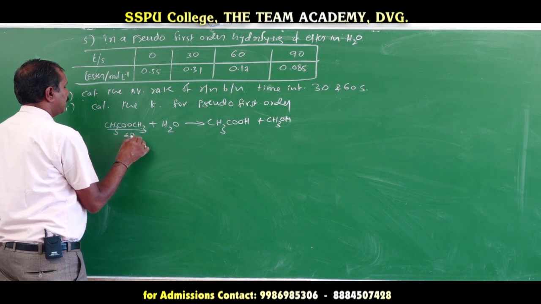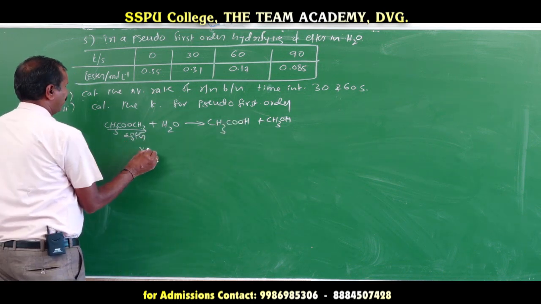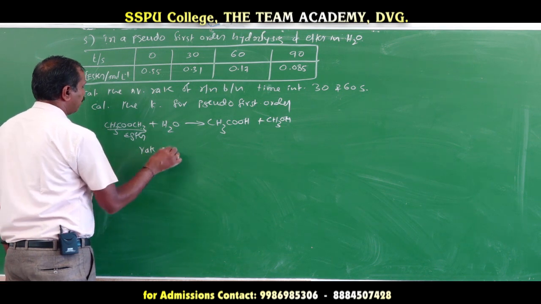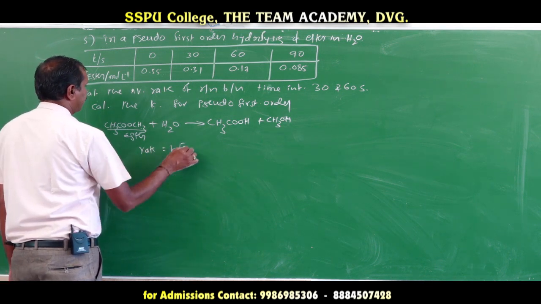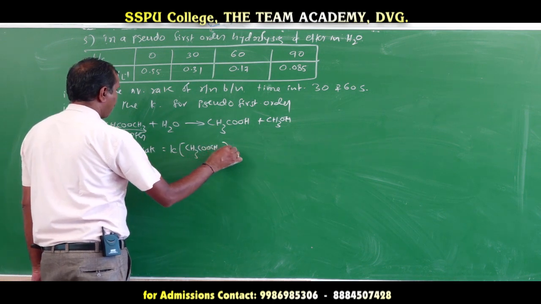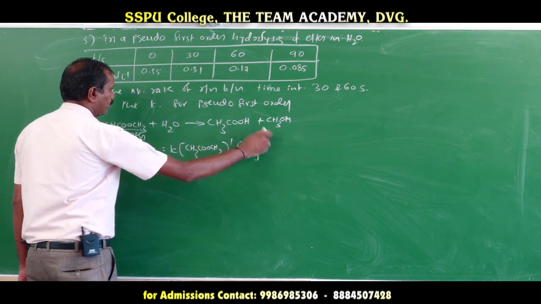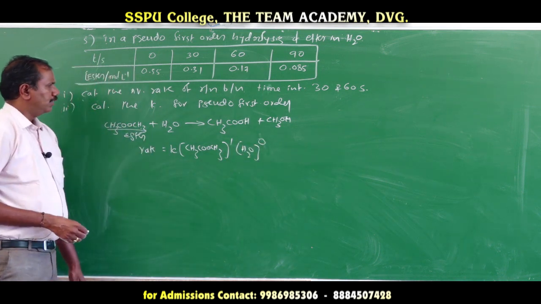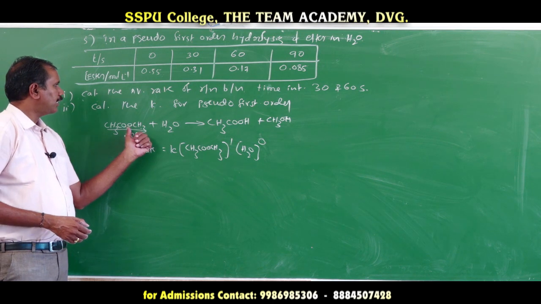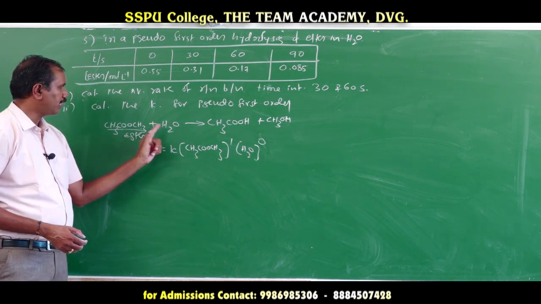That is, the ester subjected to hydrolysis gives acetic acid and methyl alcohol. The average rate is calculated by K into CH3COOCH3 to the power 1, where H2O to the power is 0. It is pseudo first order, meaning the velocity depends upon methyl acetate, not upon water. Molecularity of the reaction is 2, but order is 1.